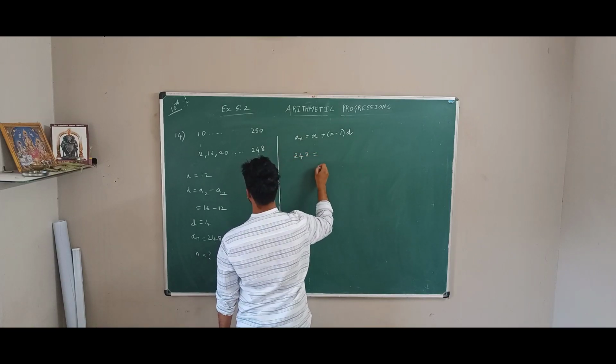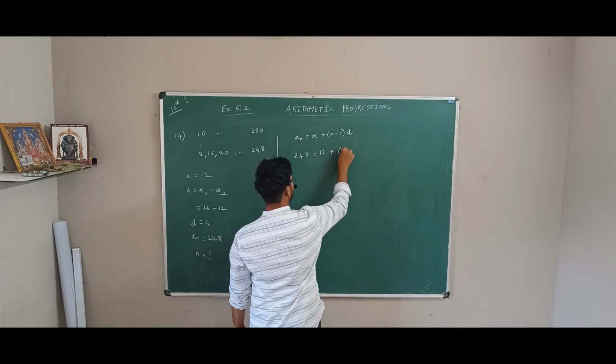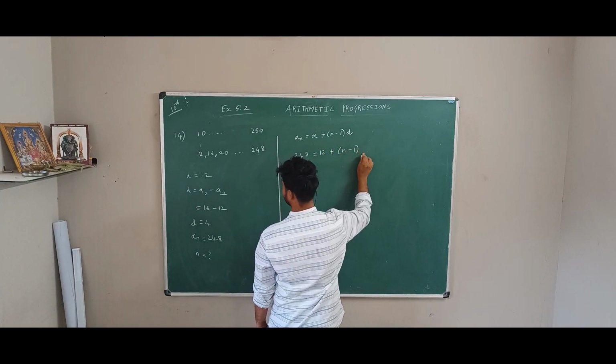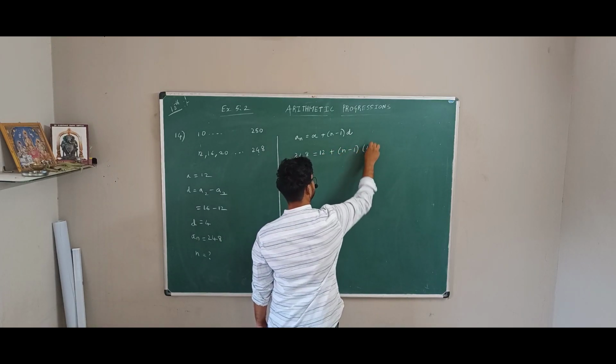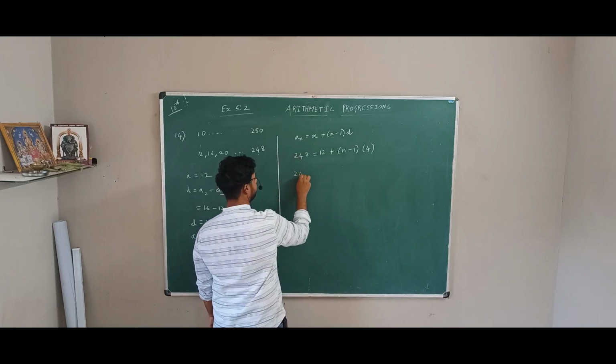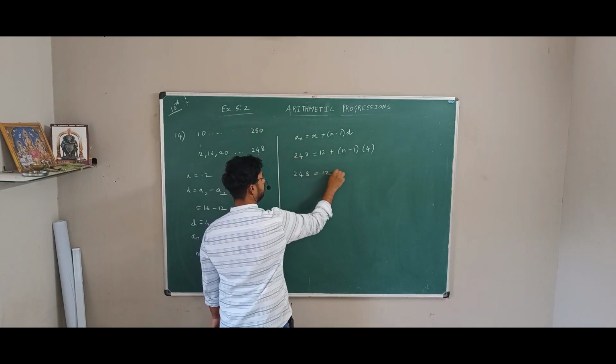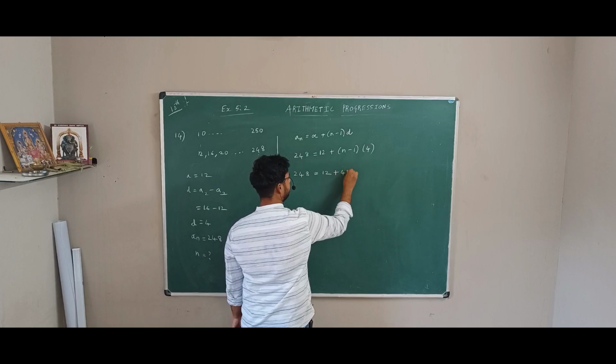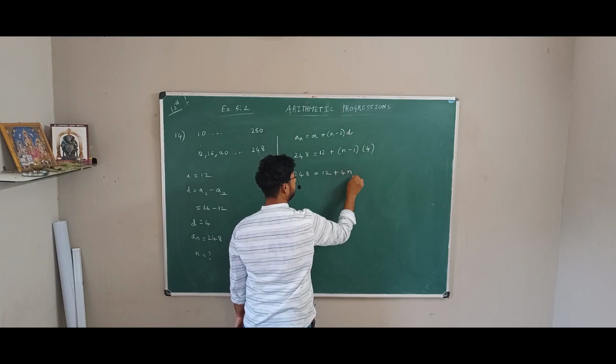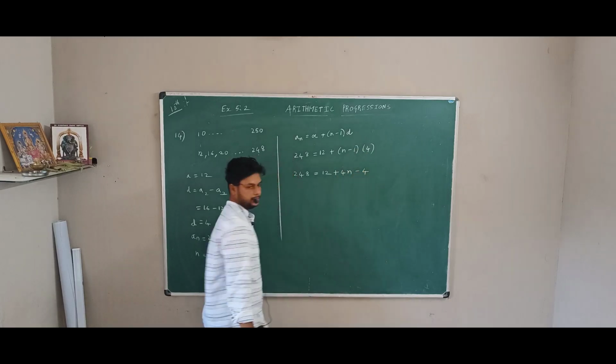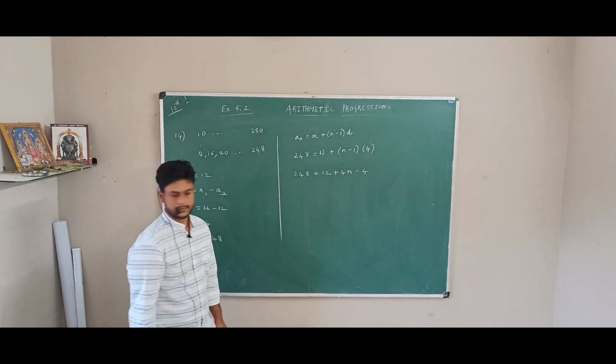248 is equal to a, 12, plus n minus 1 into d, 4. 248 is equal to 12 plus 4n minus 4. Correct?